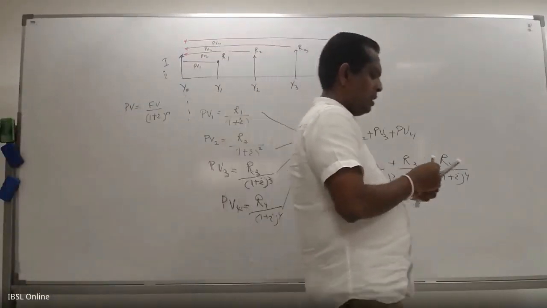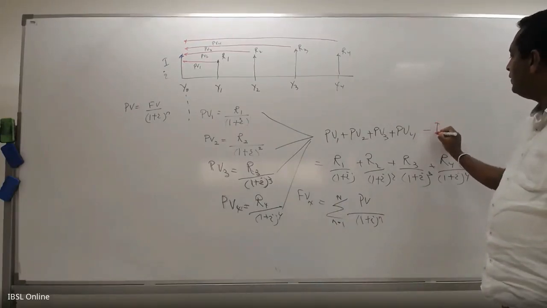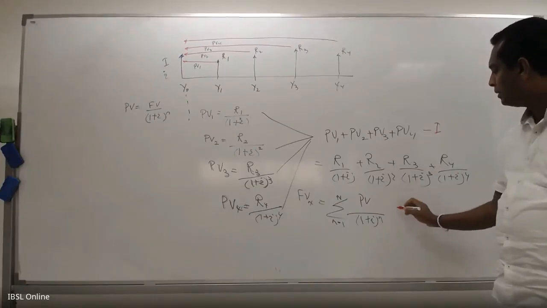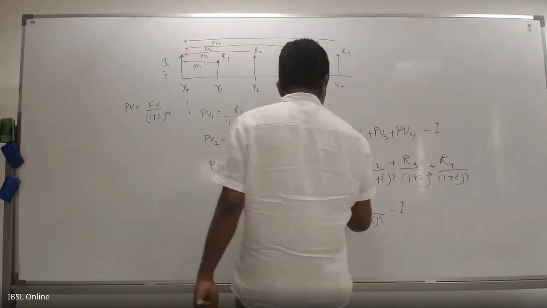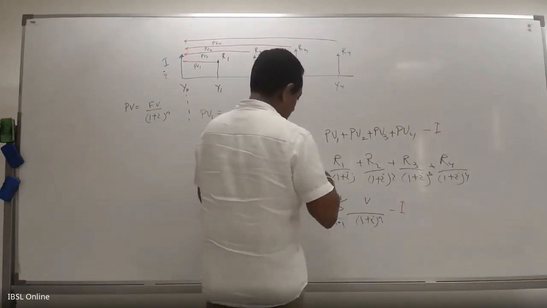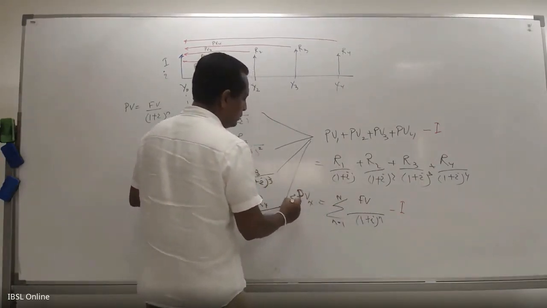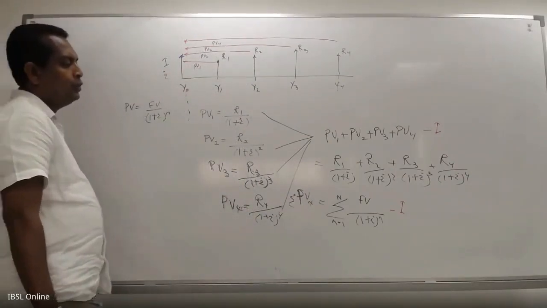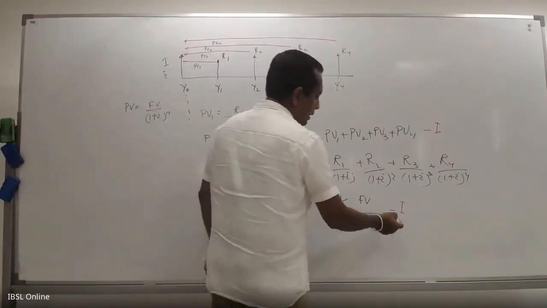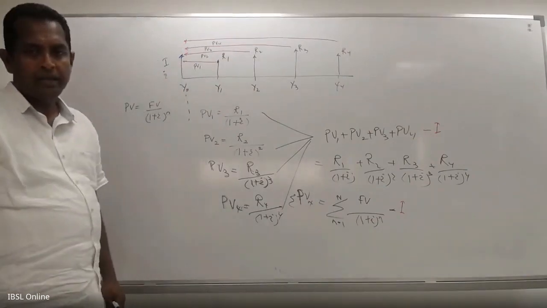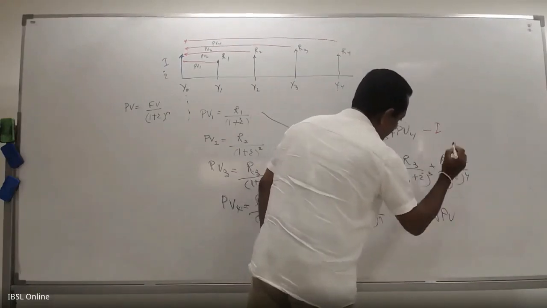Then after bringing down all cash flows, you subtract the initial investment. Sorry, here this has to be future value, and this has to be present value, total present value, right? So you bring down all the future values to year 0 and subtract the initial investment. This is called net present value.